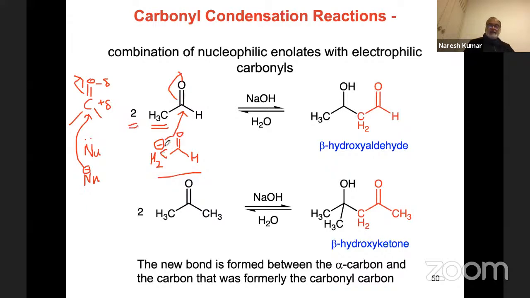One equivalent, if you form the anion, can attack the carbonyl in the second equivalent to give you this intermediate compound here, which we call beta hydroxyaldehyde. And again, the term beta comes about alpha and beta from Greek alphabets, just like A and B, B is beta.